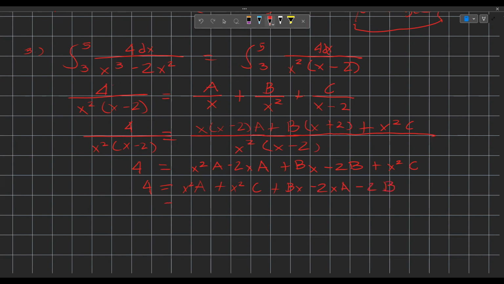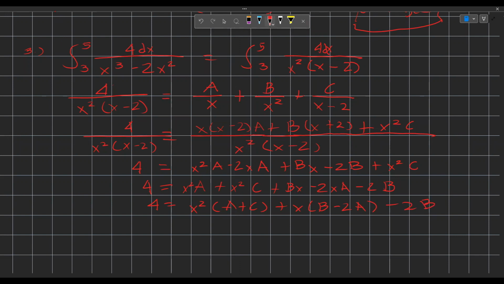This is still equal to 4. And we'll factor out these two terms by x squared, which means this will become A plus C. We'll factor these two terms by x. This will become B minus 2A, and this will become 2B.